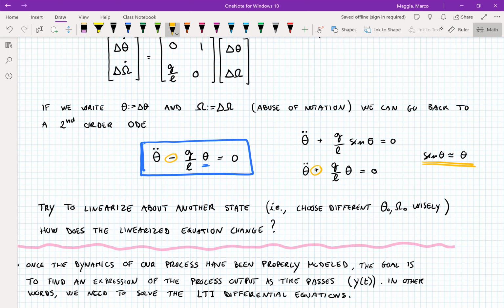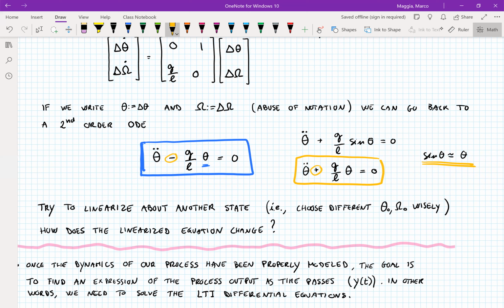Well, that is because this equation with the plus sign is valid for small angles. That means that the linearization is done about the downward vertical position, the downward equilibrium, not the upwards. So be very careful when you linearize equations. You have to be sure that you know the reference point.